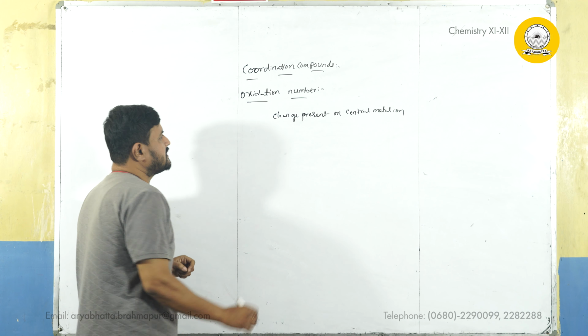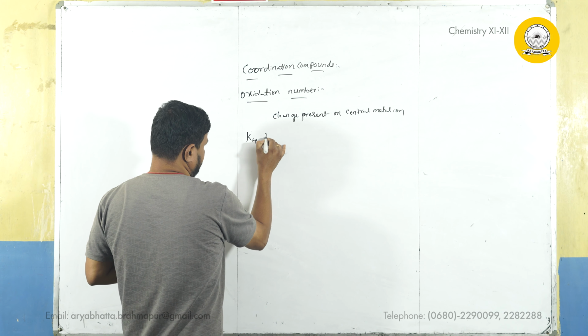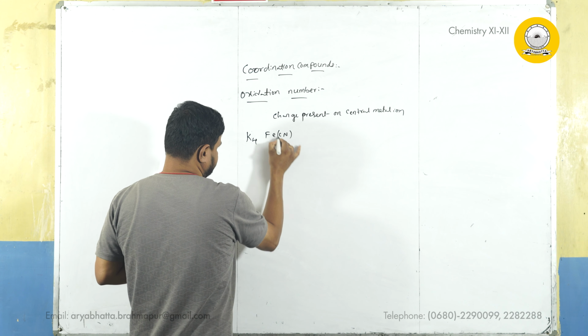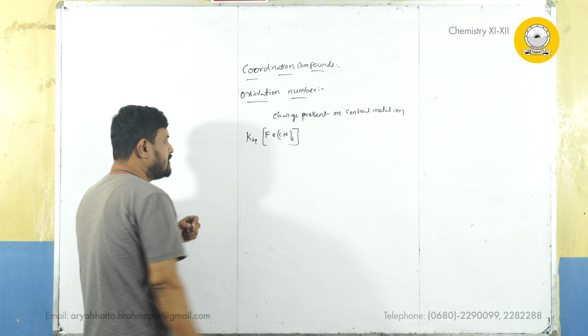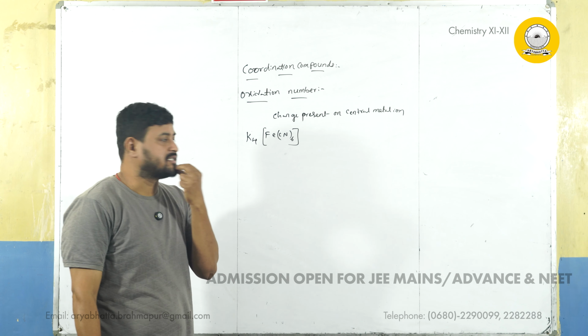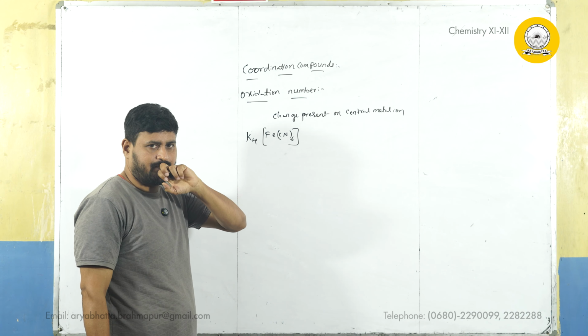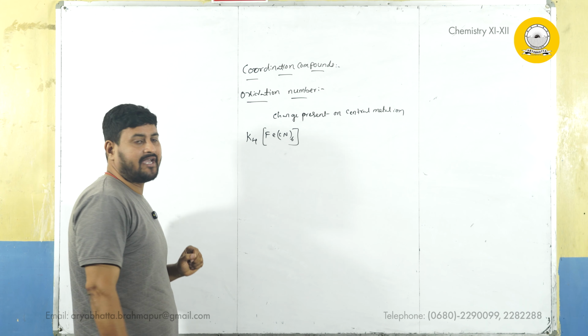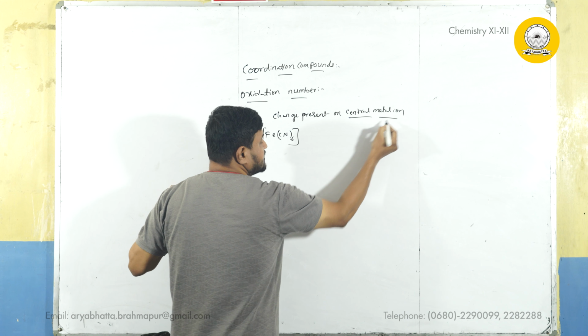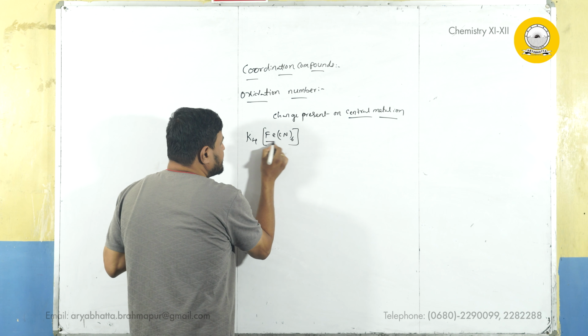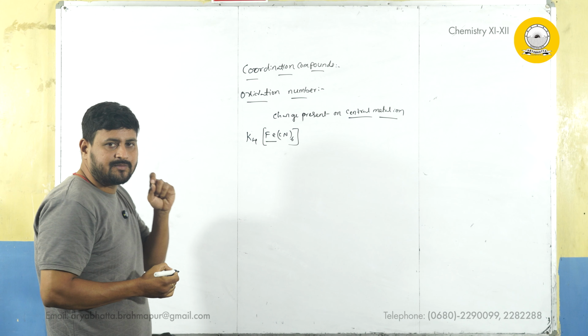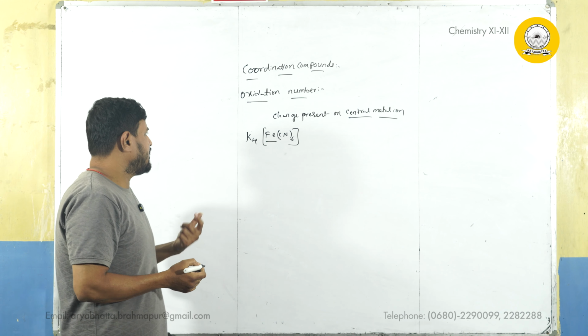Charge present on the central metal ion, that means, for example, K4[Fe(CN)6]. What is the charge of iron, the central metal ion? We can find out.